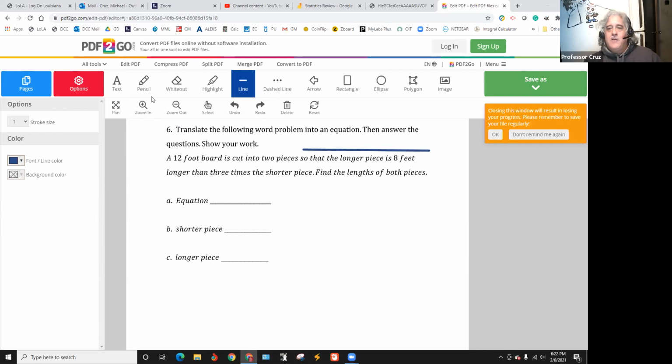So this right here is 12. Now we've got a 12-foot board cut into two pieces so that the longer piece is 8 feet longer than 3 times the shorter piece.